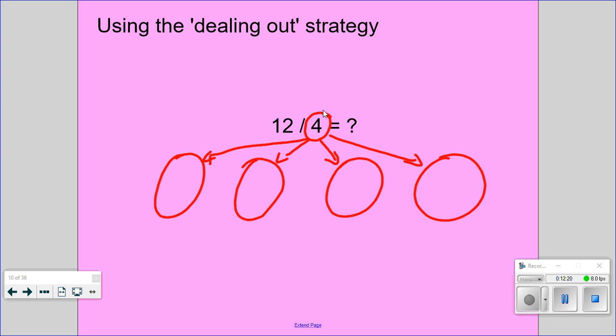I am going to stop at 12. I meant to say 12. Draw an arrow to that 12. This is what you count to. So as you are dealing out, you're counting up until you hit that number 12.